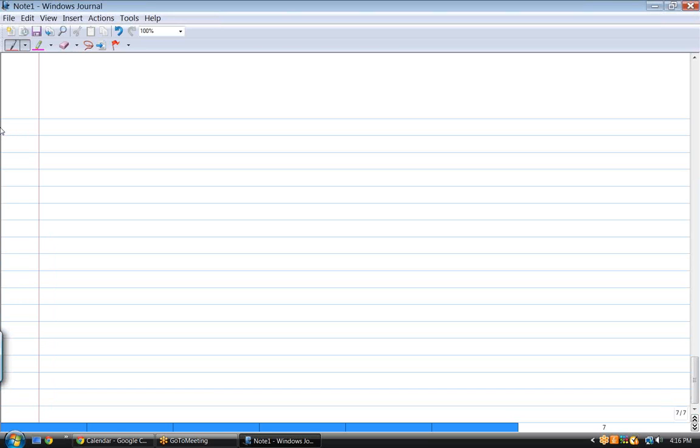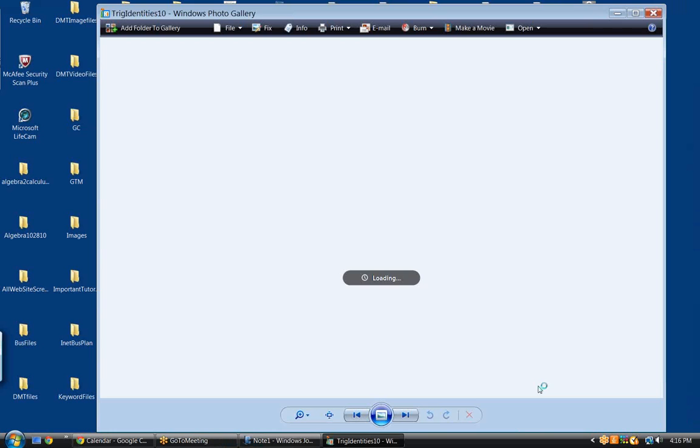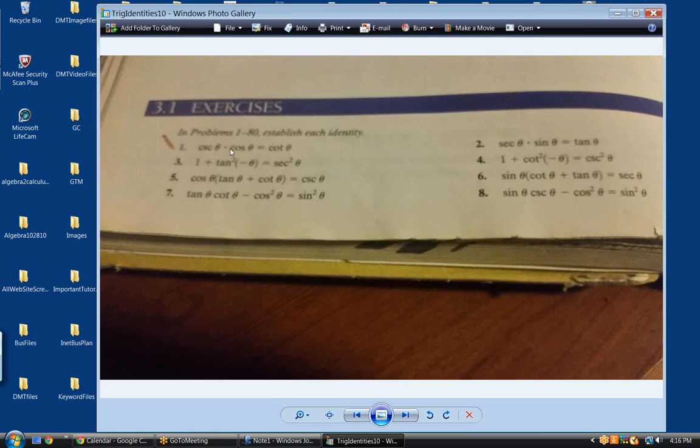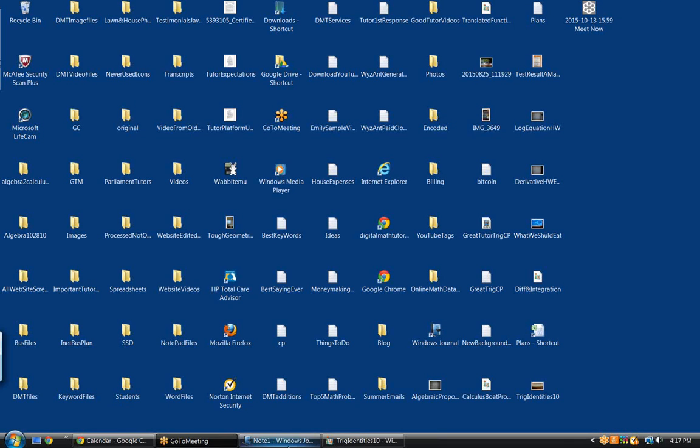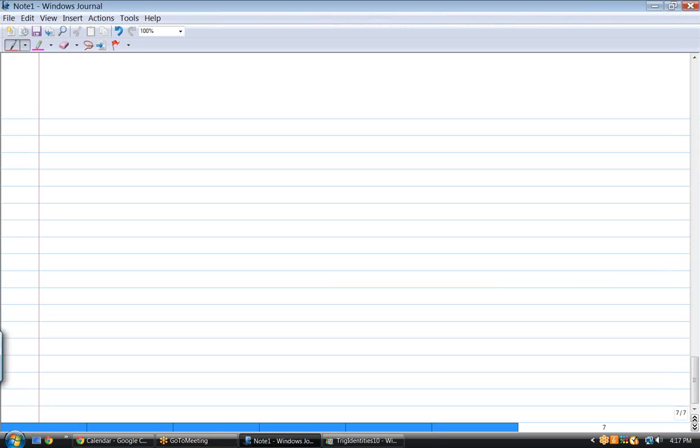Proving trig identities. In fact, this might be the same. What did you start out with here? You started out with cosecant times cosine. Okay. No, I don't have that. Good. It's better.